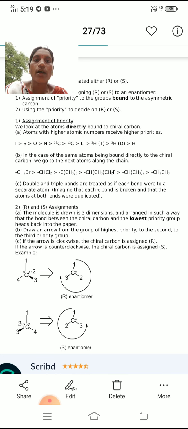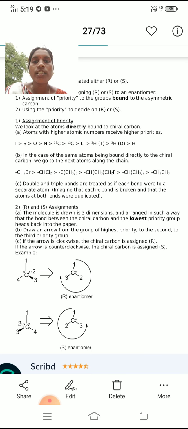The atomic number is the same, but the atomic weight of tritium is higher than that of deuterium. That's why tritium gets higher priority than the deuterium atom.